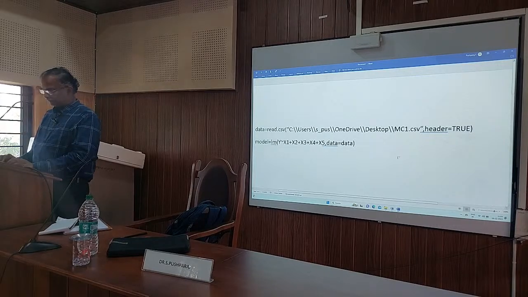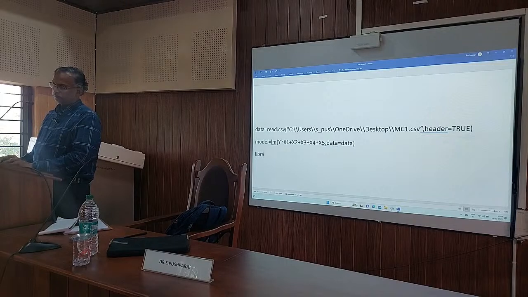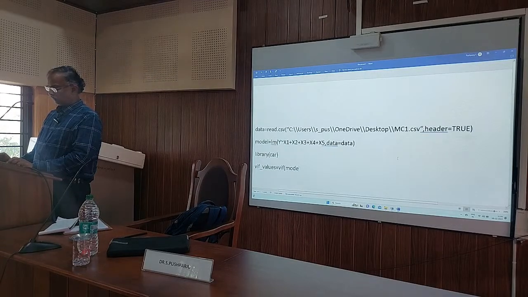Then I am writing load library car. Now in that, VIF values. VIF is the function, model.